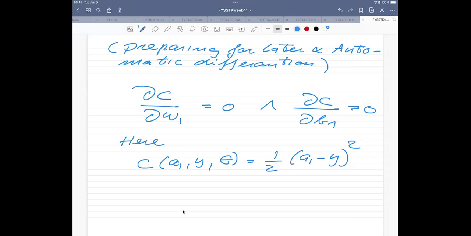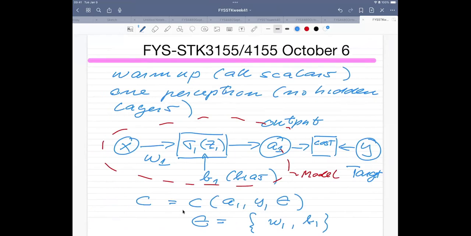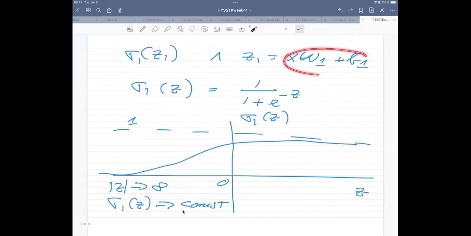So what we also need now is to remind ourselves that this A1, the output, is simply given by this sigma 1 times Z1. So if you look back, we have defined the output, A1, here, as given by this function sigma 1, which now takes this as input, and where Z1 is simply given by this simple model here, a linear dependence in terms of W1 and B1.